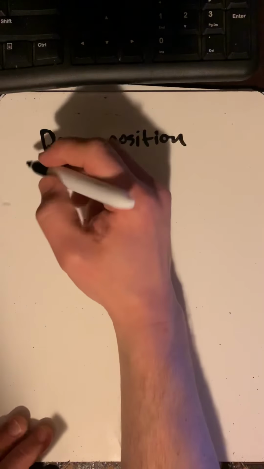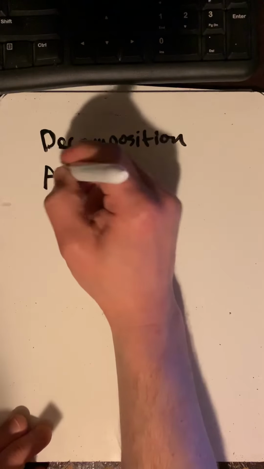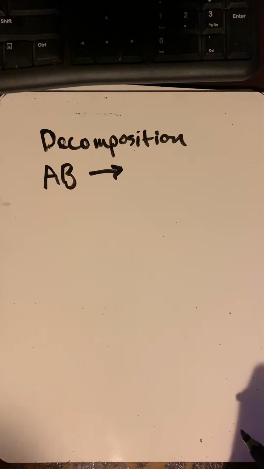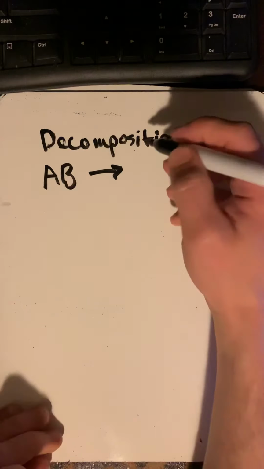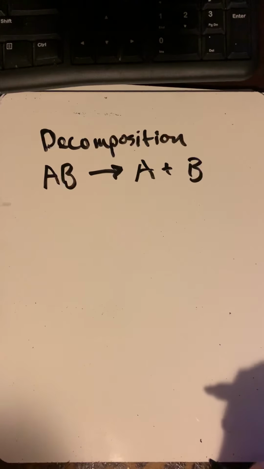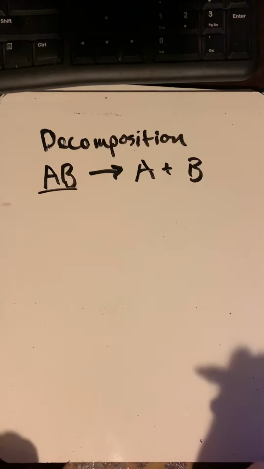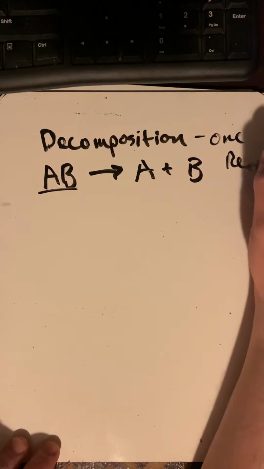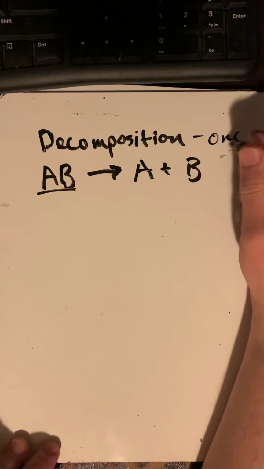So in decomposition, you have one reactant that breaks down into 2 or more simple products. So we'd have A and B as my products here. So again, the clue for decomposition is that there is one reactant.